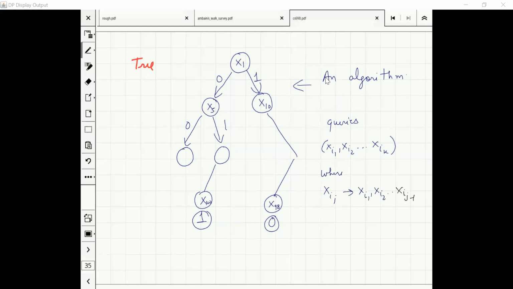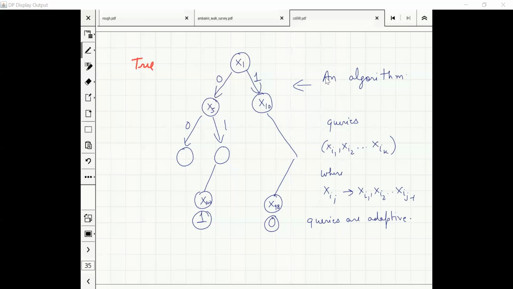This is saying that my queries are adaptive. I am just trying to describe the algorithm in multiple ways so that you are clear. When I say that this is a decision tree algorithm for a function, you should be clear what it is. If you are clear about it, then we can go to the complexity measure.